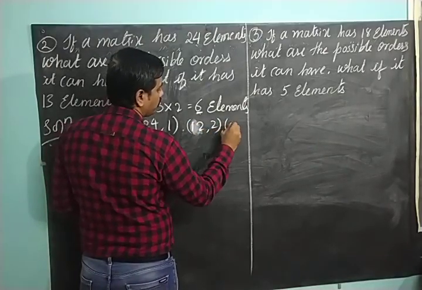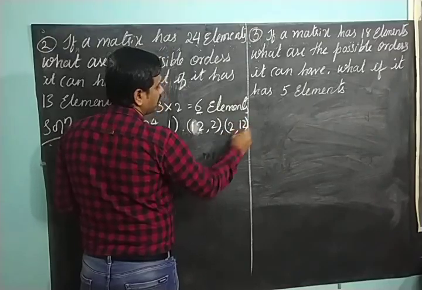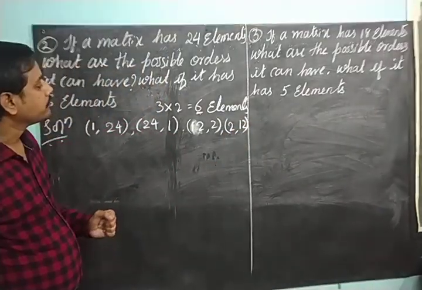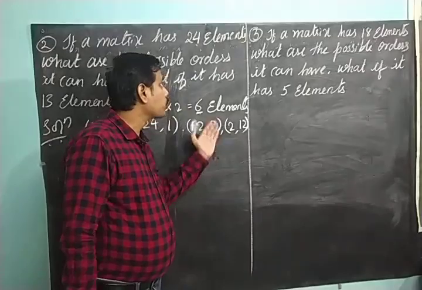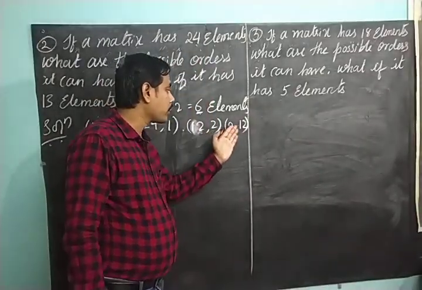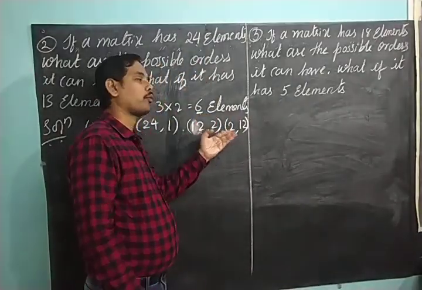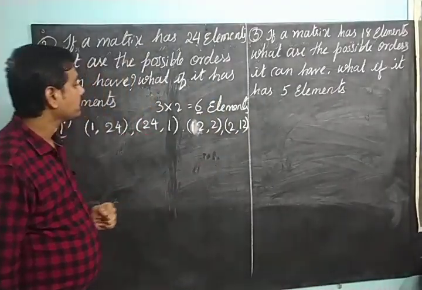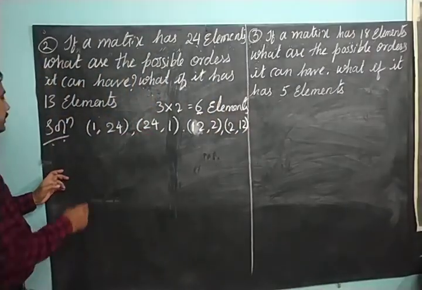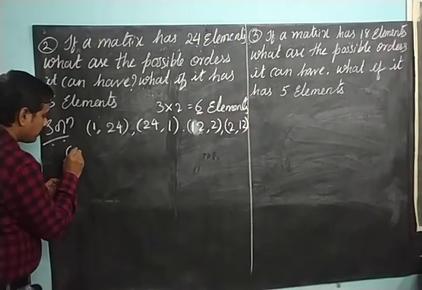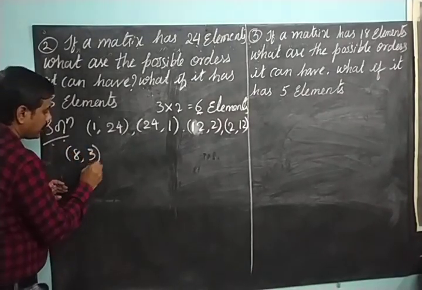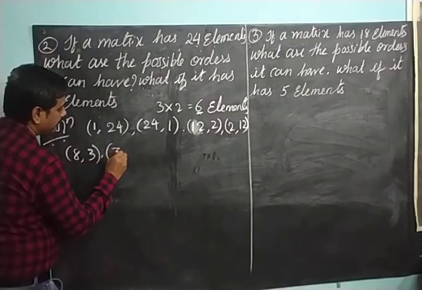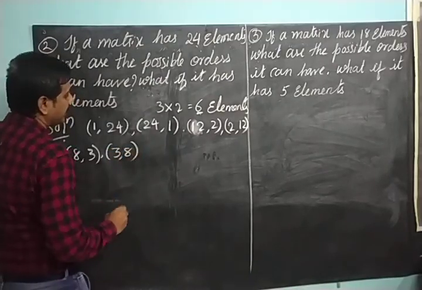Apart from this, other possibilities are 12 comma 2, 2 comma 12, right? So 12 into 2 is 24, 2 into 12 is 24. These are also the factors of 24, right? Next will be 8, 3 and 3, 8.